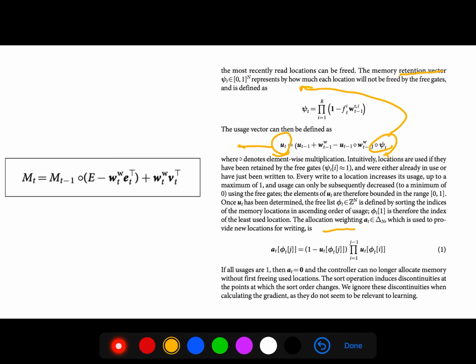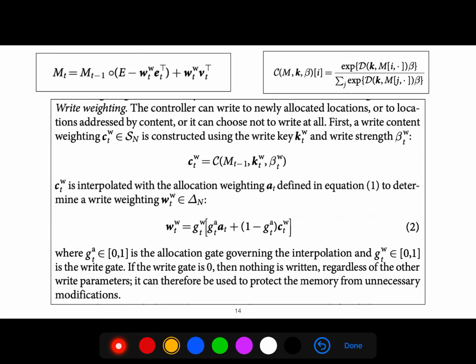And here, the allocation weighting, which is used to provide new locations, can be calculated like this. If all usages are 1, then allocation is 0. If this usage is 1, then this term becomes 0, so there is no allocation.